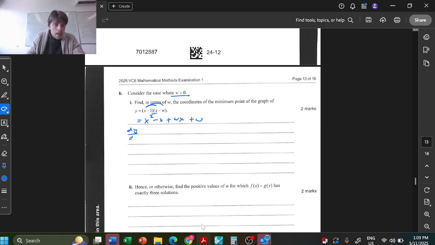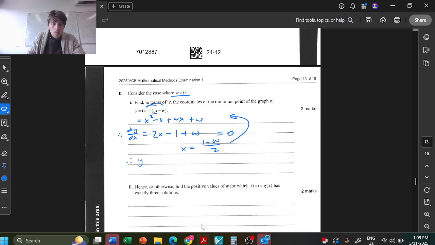So therefore, dy/dx is equal to 2x minus 1 plus w. That's just taking the derivative of y here. Now, when is that equal to 0? Well, it's equal to 0 when x is equal to, again, we can rearrange this, 1 minus w over 2. Then what we would need to do is take that and substitute it into y.